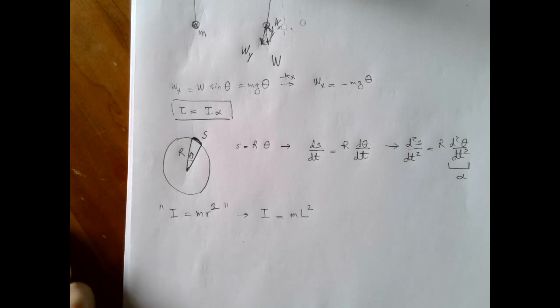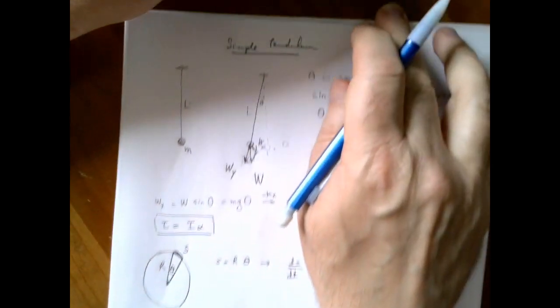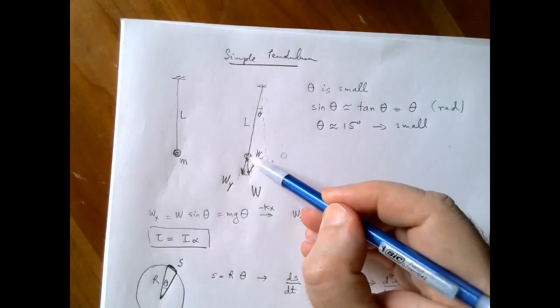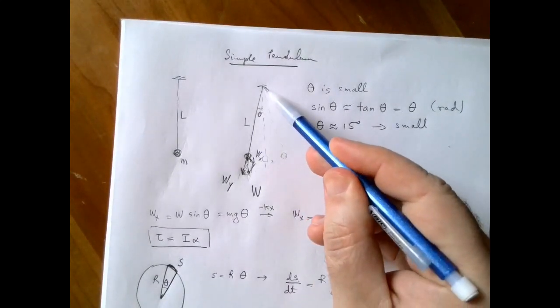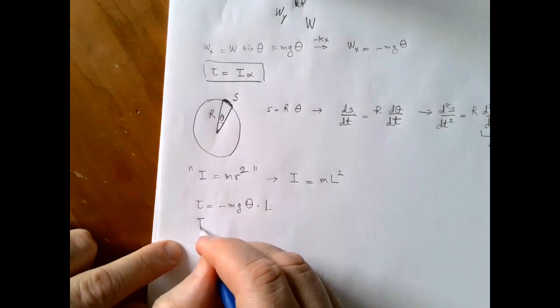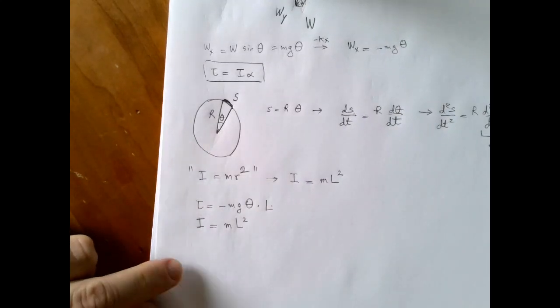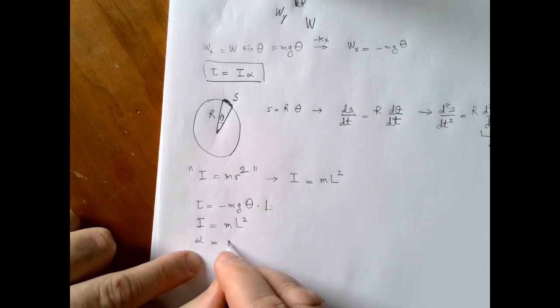Now if we put everything together, let's see what we get. The torque is minus mg theta, the force, multiplied by the distance between the force and the pivot, in this case L. The moment of inertia of the particle is mL squared. And alpha, angular acceleration, is d2 theta/dt2.